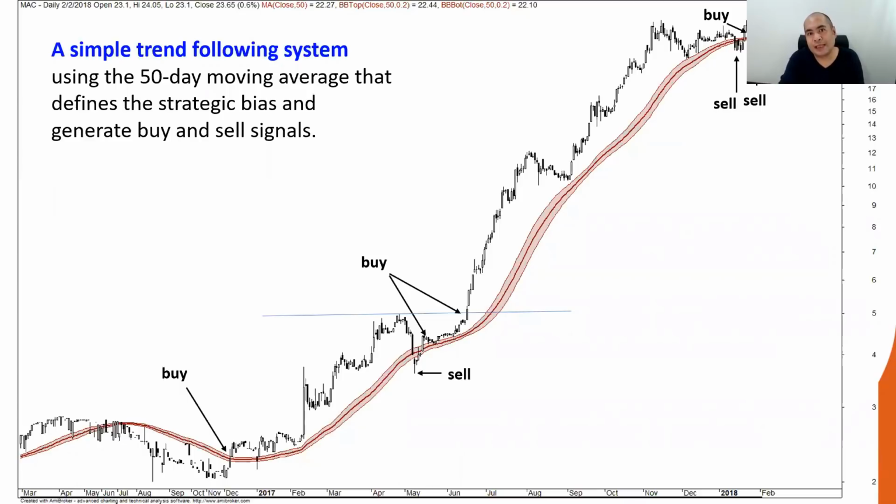If something is below the 50-day moving average, then the bias is bearish. That's how they filter through their investment universe. They prioritize stocks that are above the 50-day moving average, and they tend to stay away from stocks that are below it. And then they use the crossover rules around the 50-day moving average to generate their buy and sell signals.